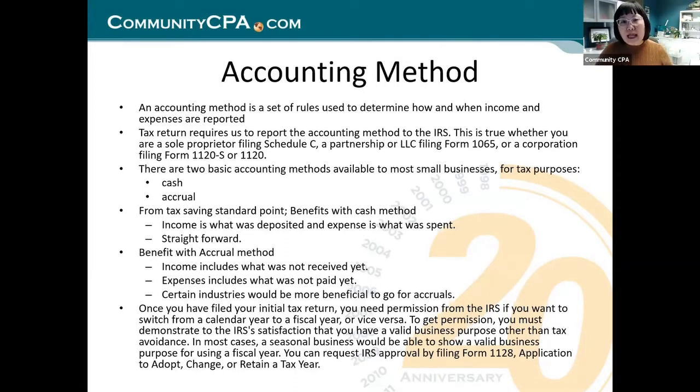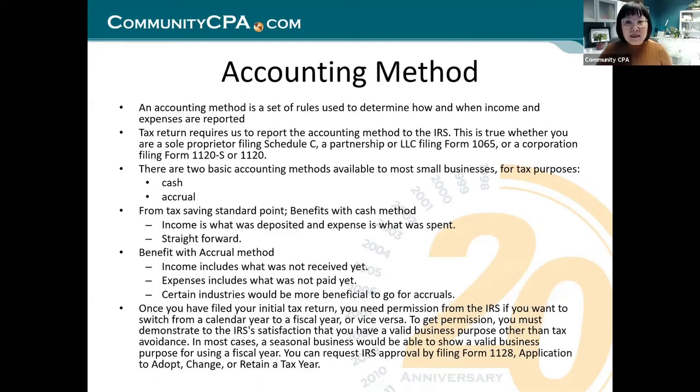So do I report that on 2019 or do I report it on 2020? Depends. If you are on a cash method, because it didn't go out of your bank, so too bad, very sad. Doesn't matter how much you paid, you cannot deduct that amount.